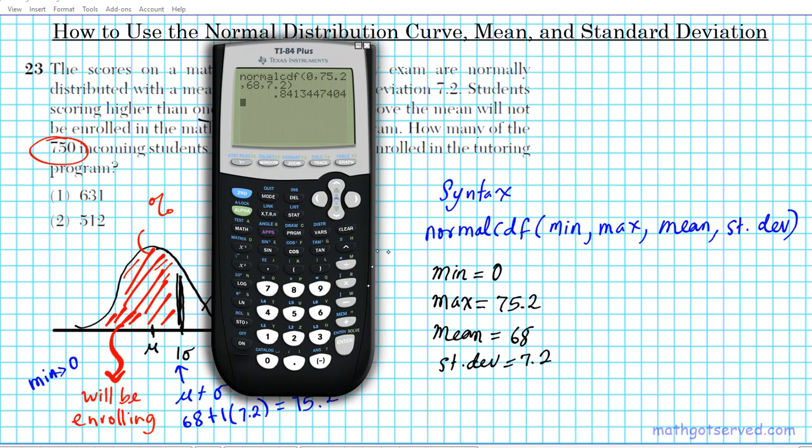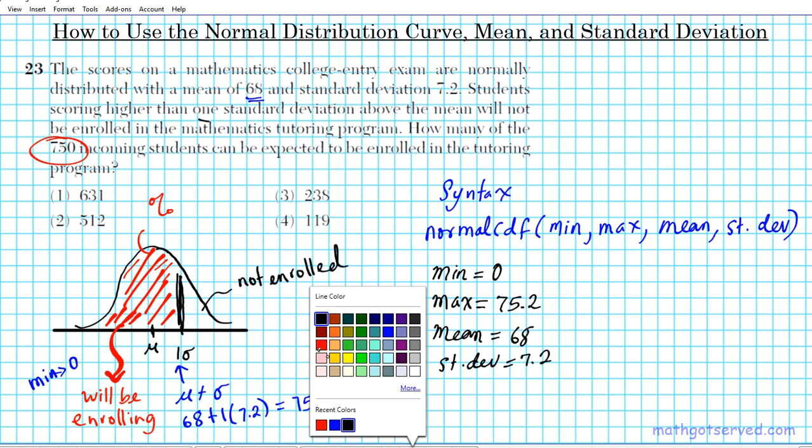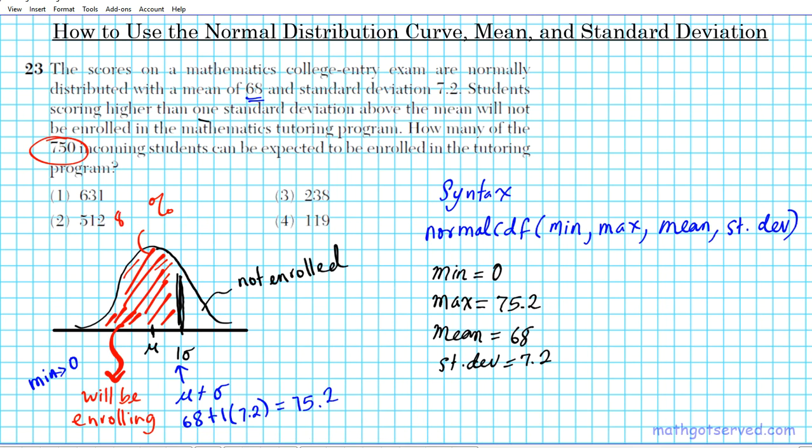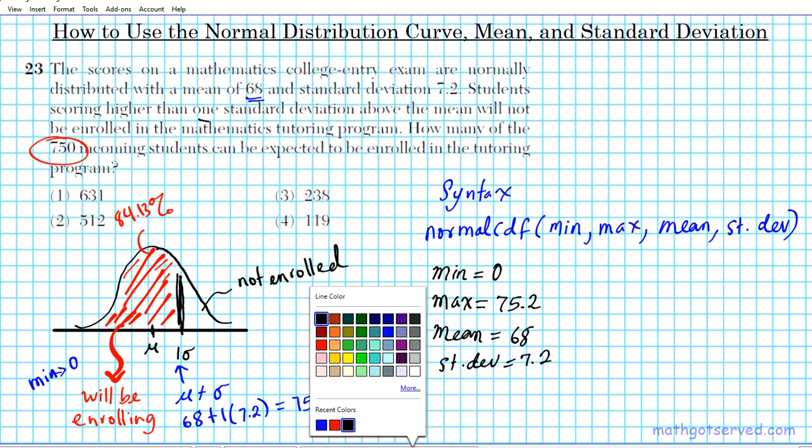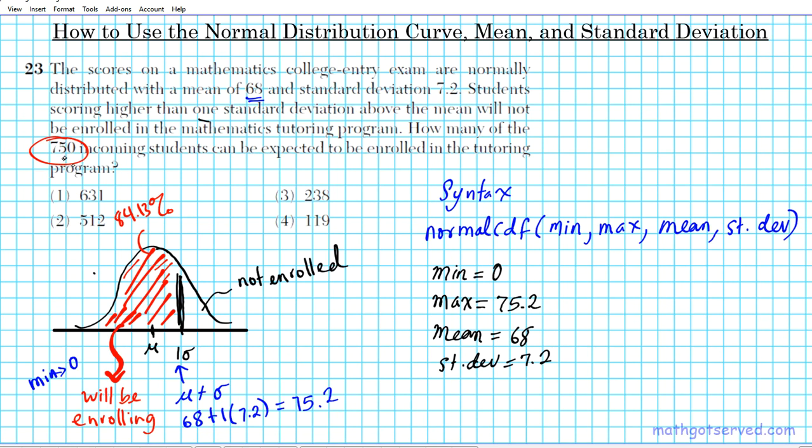Okay, so let's put that 84.13% in here. So we're going to look for 84.13% of the total population.